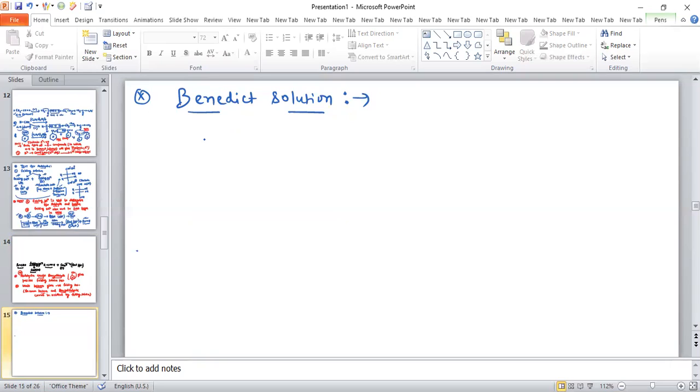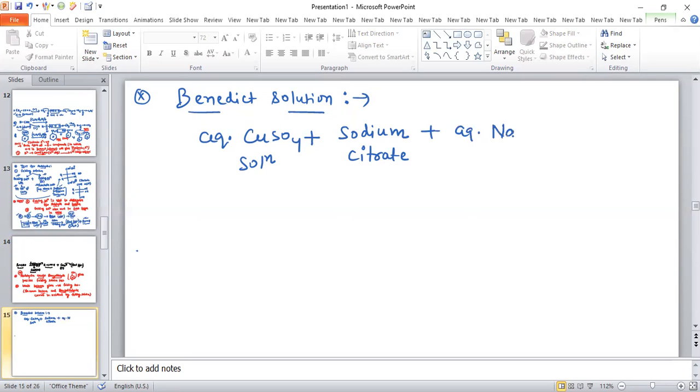Benedict solution is basically a mixture of aqueous copper sulfate solution. Along with aqueous copper sulfate solution, there is sodium citrate, and also aqueous sodium carbonate, which is Na2CO3.